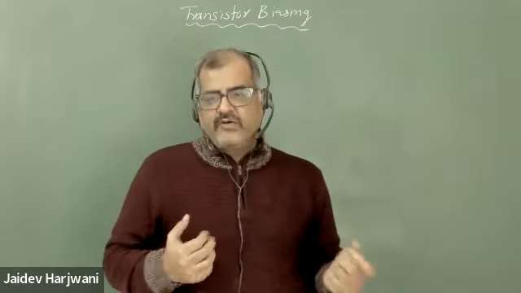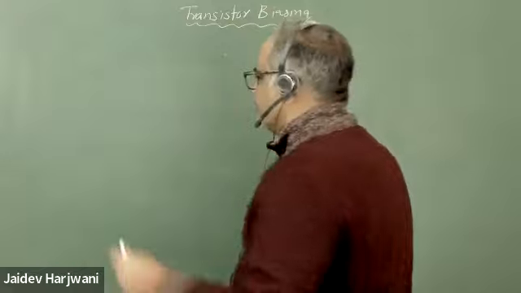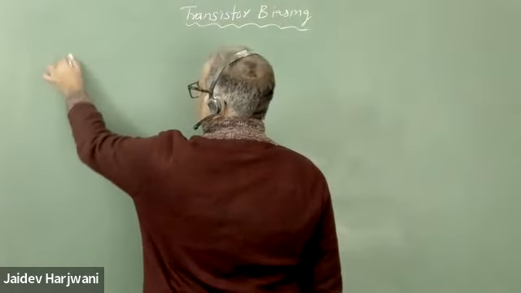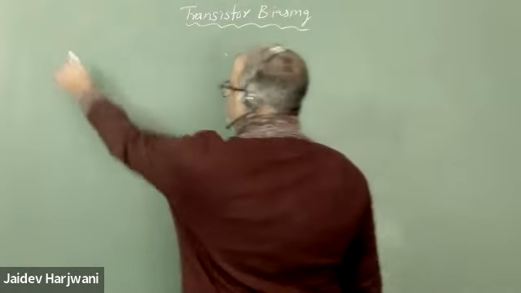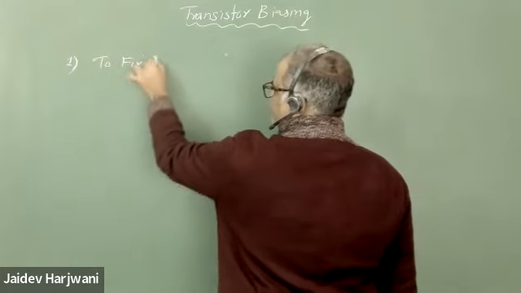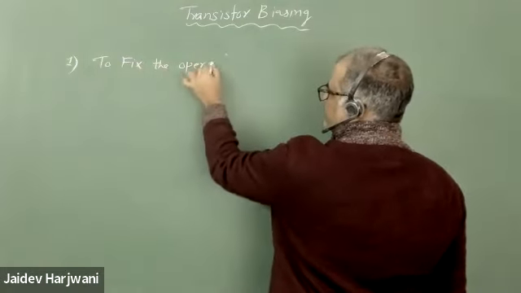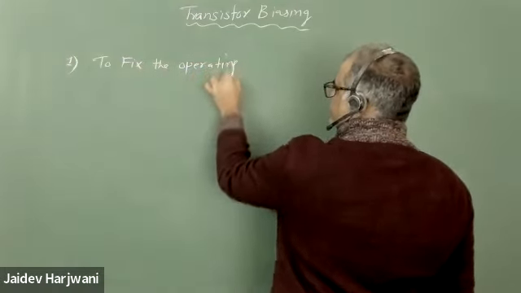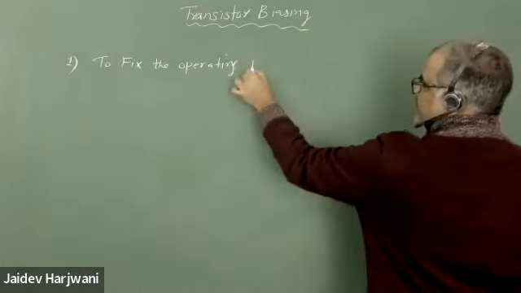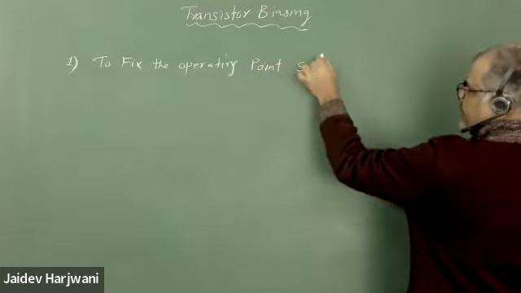Now what is the purpose of biasing? The purpose of biasing, number one point, is to fix the operating point suitably.